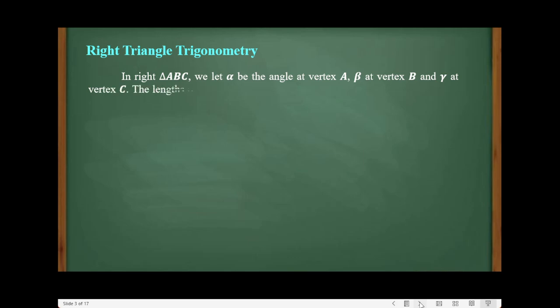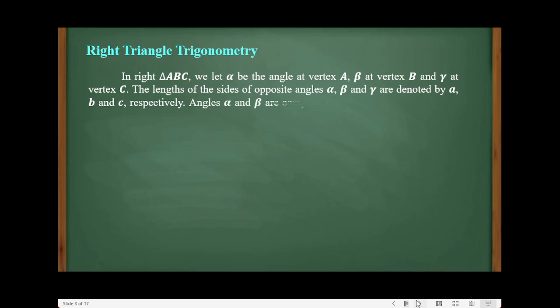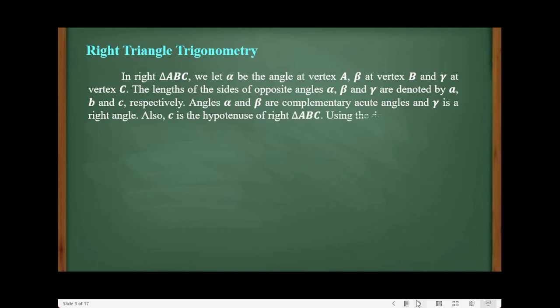So suppose we have a right triangle here which is named as triangle ABC. We assume that alpha be the angle at vertex point A, while beta be an angle at vertex point B, and gamma be the angle at vertex point C. The lengths of the sides opposite angles alpha, beta, and gamma are denoted by small letters a, b, and c respectively.